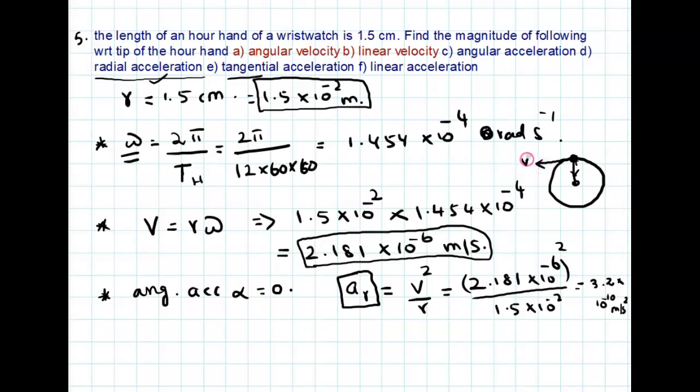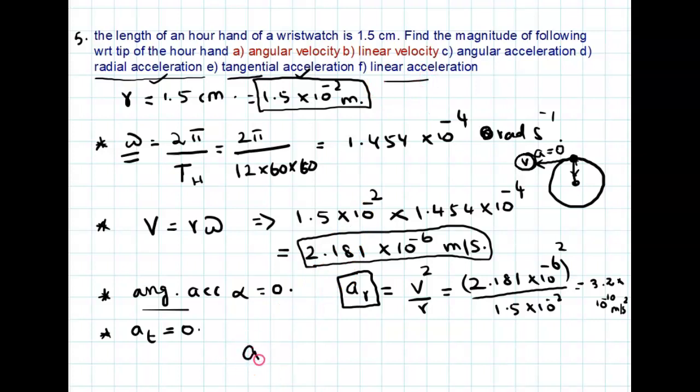As it is uniform circular motion, the linear speed is uniform, the magnitude is constant, so there is no change in the velocity, so the tangential acceleration will be 0. So we found tangential acceleration.